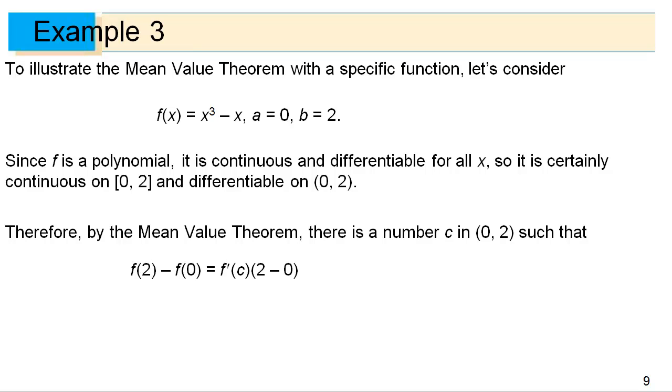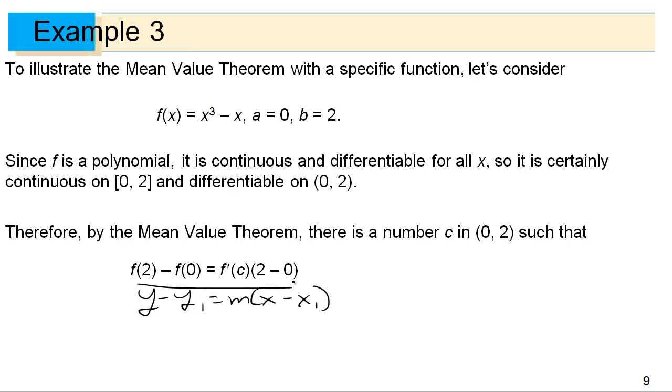And thus the mean value theorem tells us there has to be a number c in that interval, so somewhere between 0 and 2, such that f of 2 minus f of 0, the change in y's, has to equal the slope times the change in x's. This was just the other way we wrote the mean value theorem. This might look familiar to you because this is just the point-slope form: y minus y1 equals m times x minus x1.